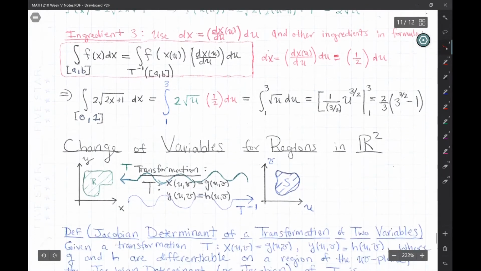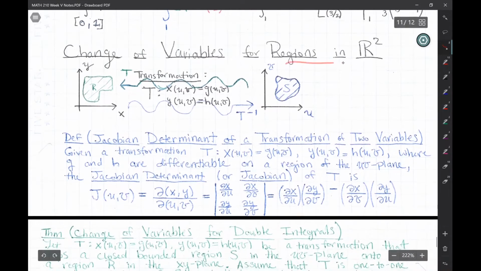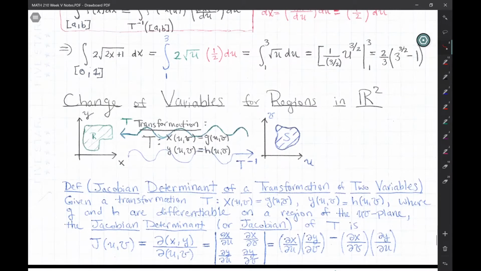Okay, so let's now talk about change of variables for regions in R2, regions in the plane. Instead of just intervals, one variable, let's talk about 2.